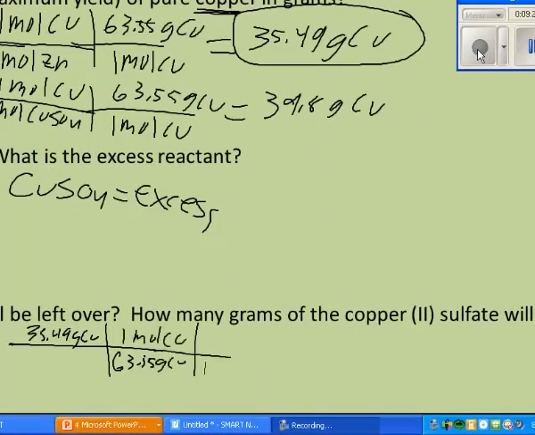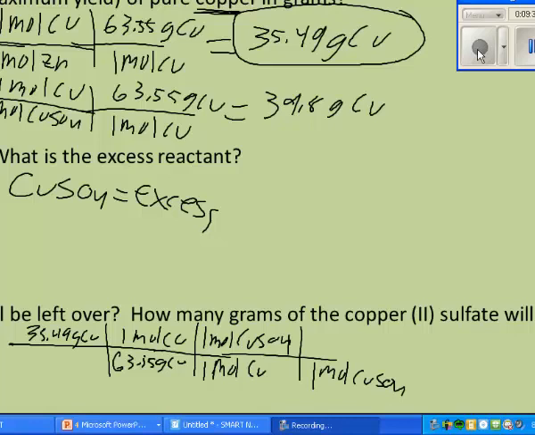Mole ratio is easy. That will give you 86.88 grams used.